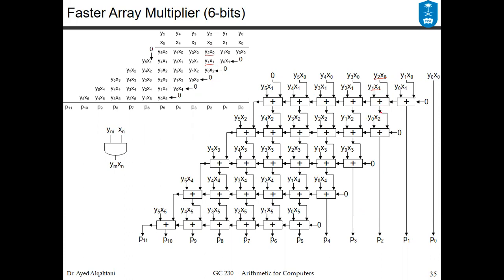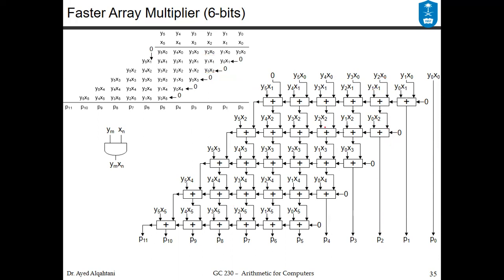And then you get the addition, and this sum is added to x2, y0. Now for these two full adders to work and get you the partial product bit P2, you need a carry in here of 0. And similar thing for the other bits.